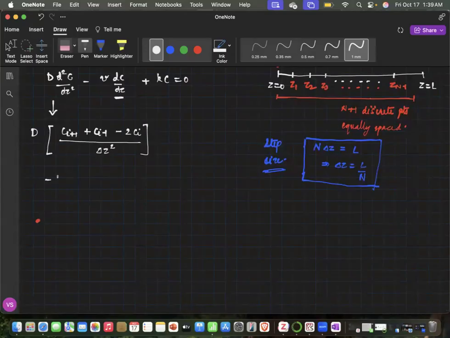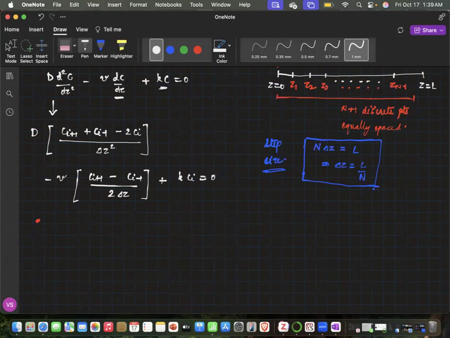That's going to be minus v times (ci plus 1 minus ci minus 1) over 2 delta z. And then this is just kci. Okay, so we have written down this equation. We have discretized this equation at z equals to zi, right? That is what we've done.